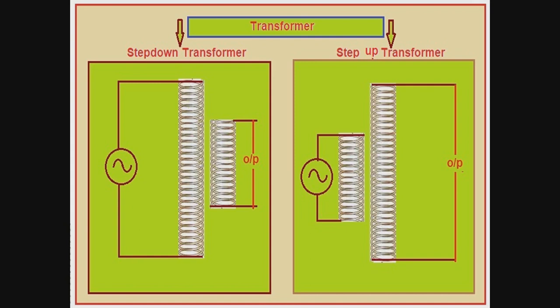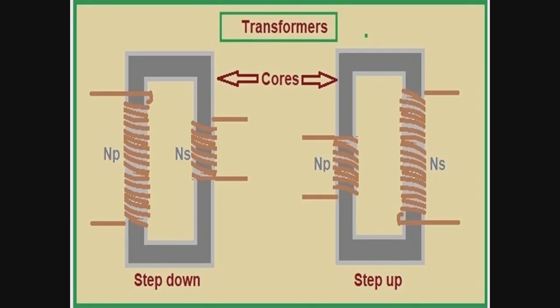All of us are familiar with the X-ray machine. X-ray machines require higher voltage, and to achieve that in our homes or medical institutes, we go from 230 volt to 60,000 volt or 90,000 volt with the help of a step up transformer.